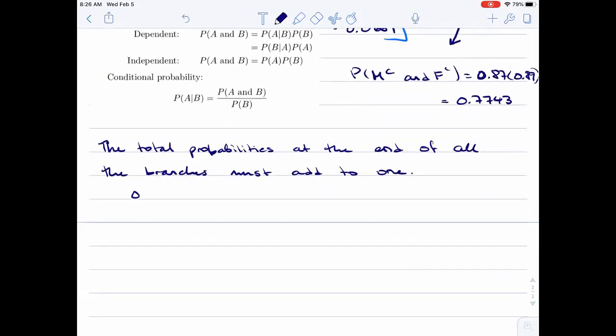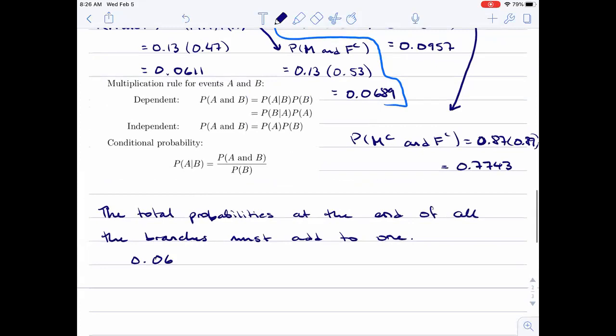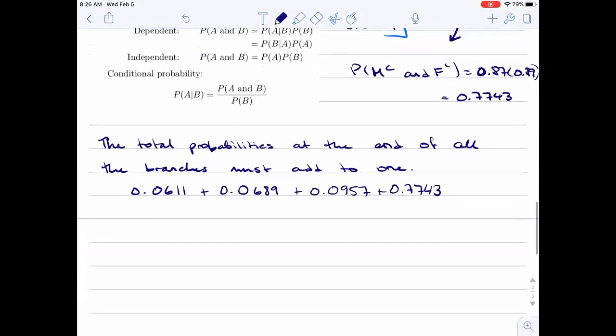All these probabilities, so 0.0611 plus 0.0689 plus 0.0957 plus 0.7743 plus 0.0957 plus 0.0689 plus 0.0611. They all totaled 1, which means I didn't flub it this time. Good.